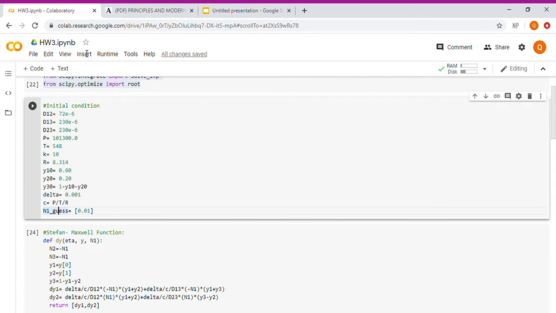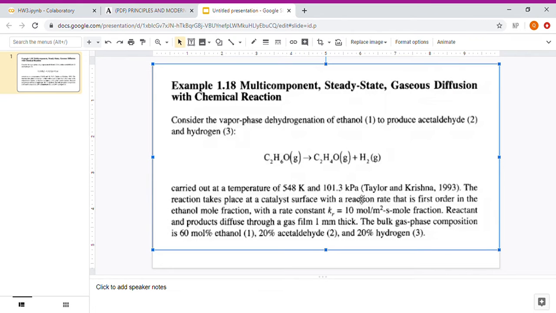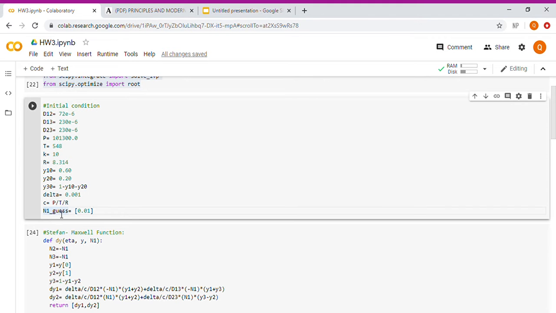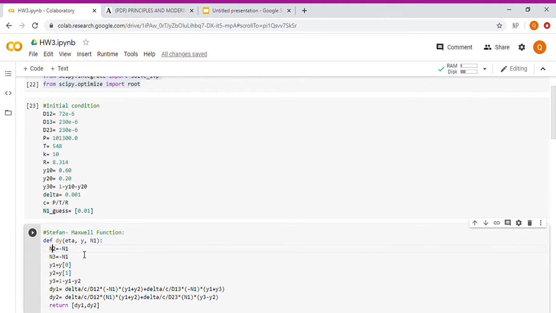However, if we take a look at the equation right here, we will get a bootstrap condition where N2 is equal to negative N1, N3 is negative N1, and of course we know that y1 plus y2 plus y3 is always equal to 1. So we can rewrite y3 as 1 minus y1 minus y2.